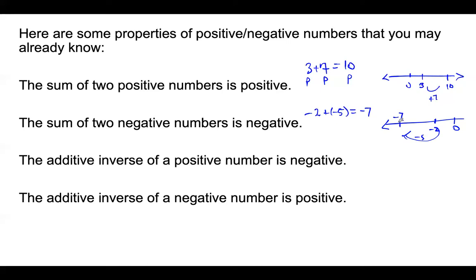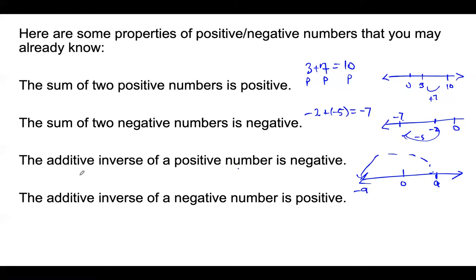The additive inverse of a positive number is negative. This one's more fun to draw. But let's say we have a 0 and we're starting off at A. We're adding the additive inverse of a positive number. So a positive number A becomes negative. It moves over to this side, and then we get -A.